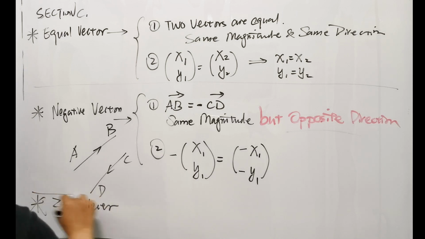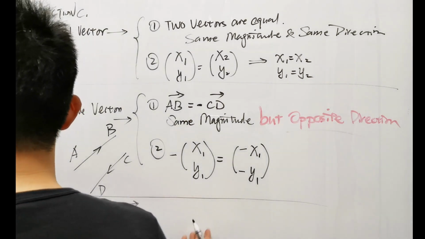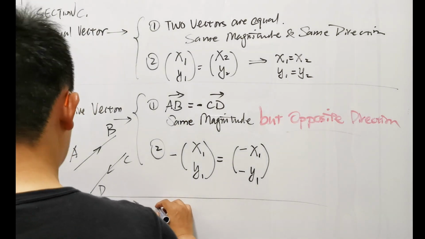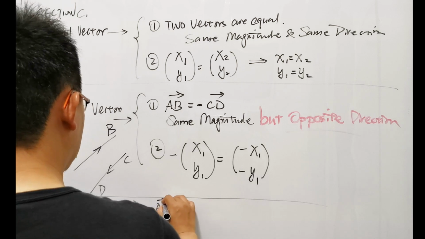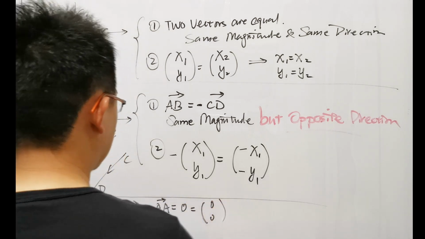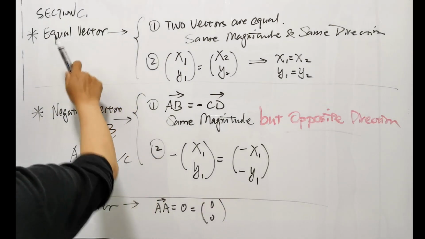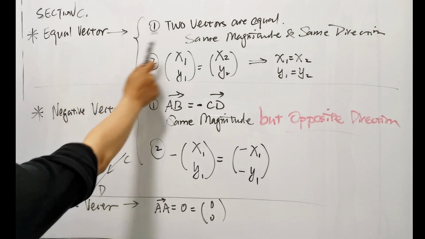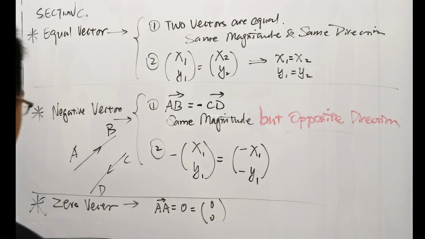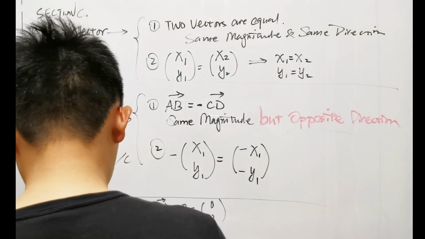Basically, a zero vector is, for example, from point A to A equals 0, and we have this in column vector form. So we have learned three very important concepts: equal vectors, negative vectors, and zero vectors. This is what we learned from last lesson.